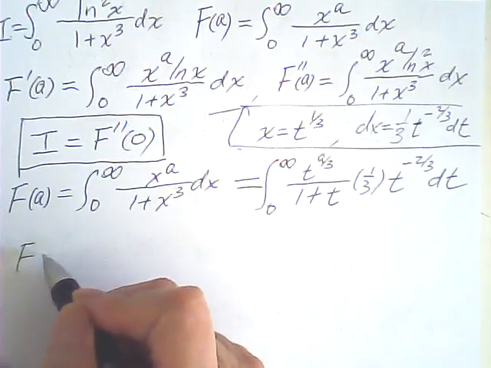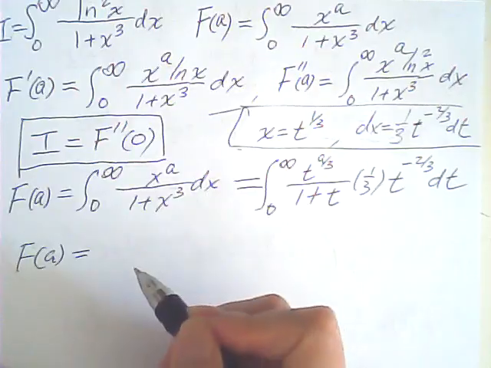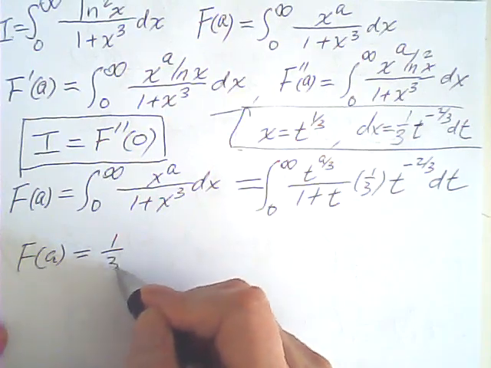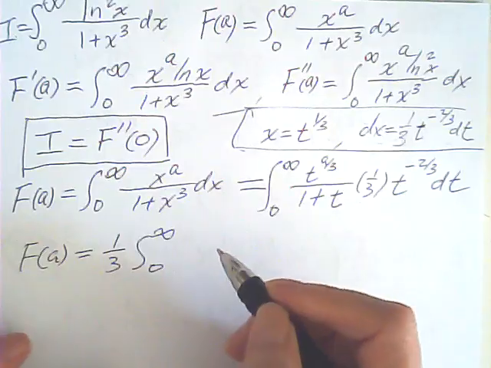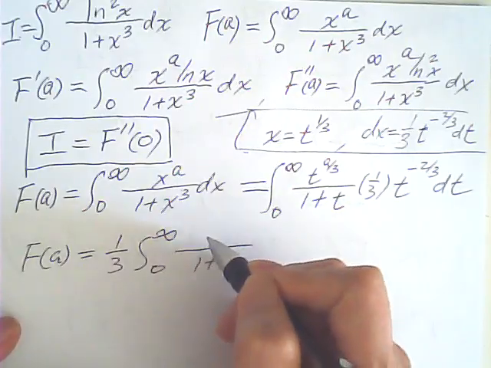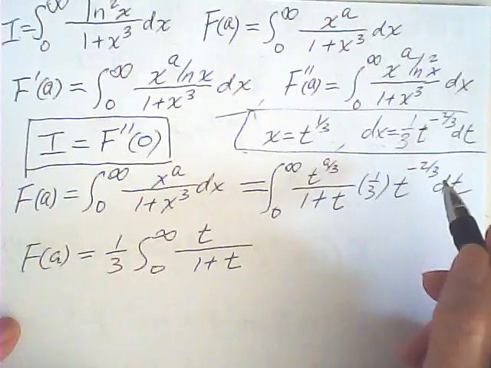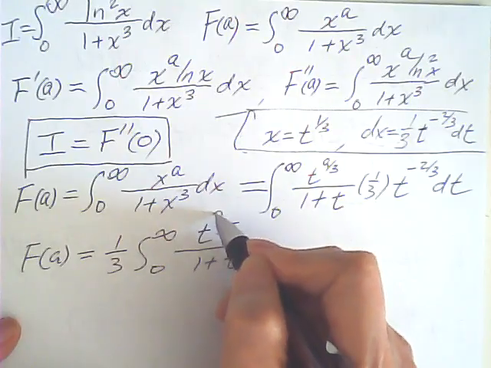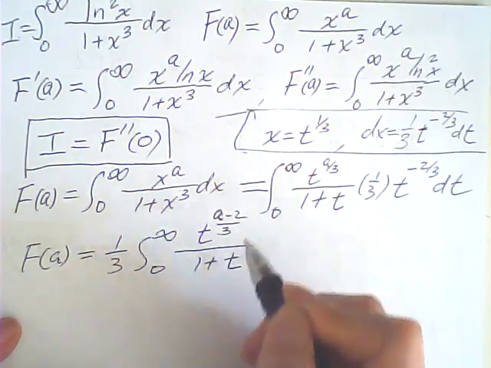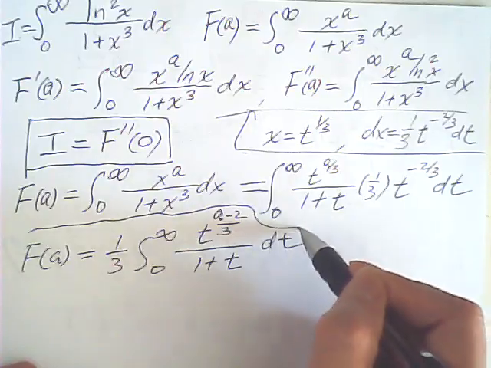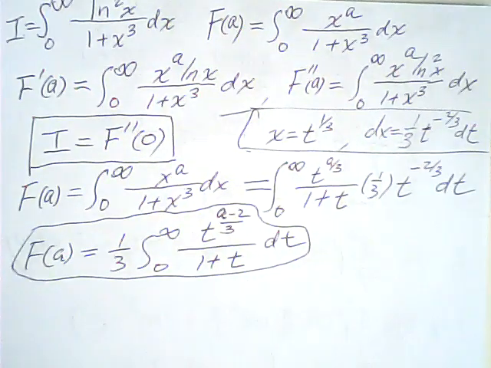So my f of a is equal to 1/3 integral of t to the power of 1/3 a minus 2 over 1 plus t dt. So this is my new integral f of a.